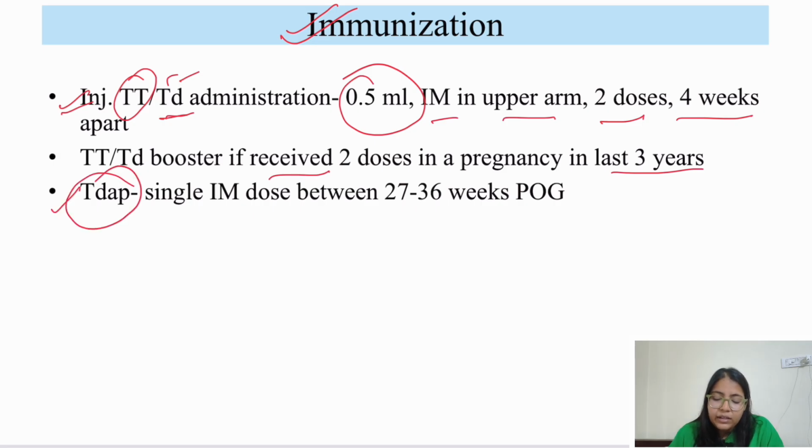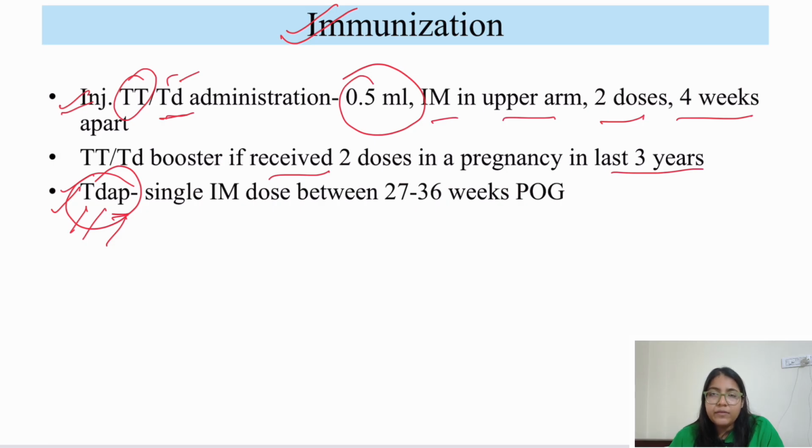Okay. And this is another one, Tdap, tetanus, diphtheria and acellular pertussis. This is the recent one and very effective. It covers pertussis infection also, which is very common in infants up to 1 year of age. So it prevents pertussis also. So this is very good, but not available everywhere, not free of cost.